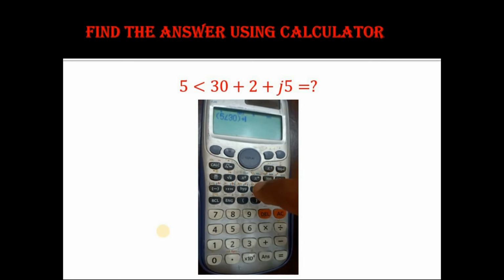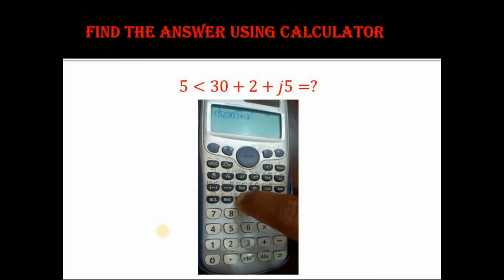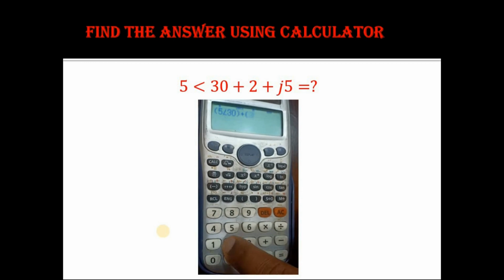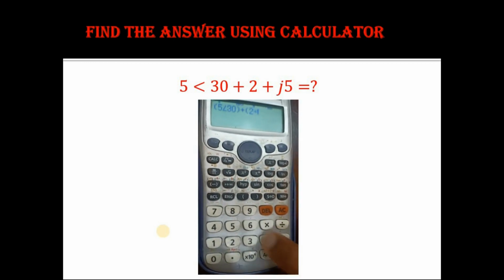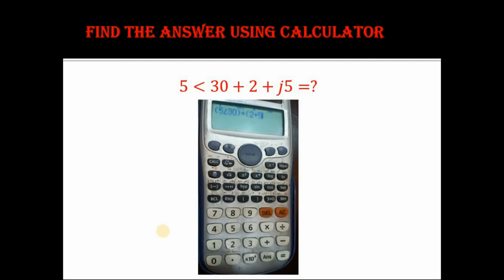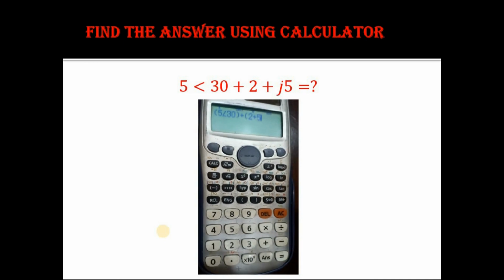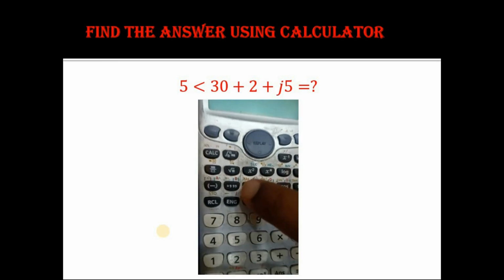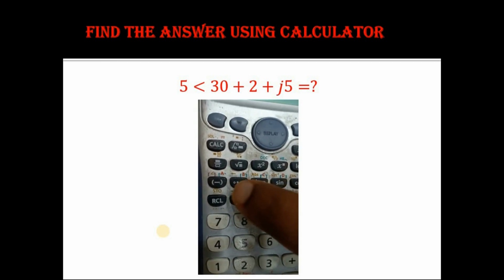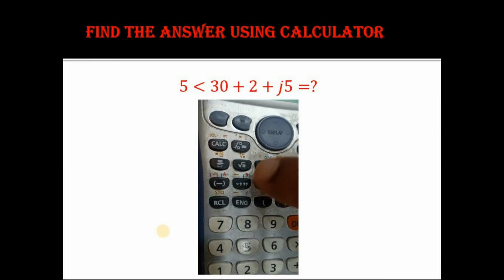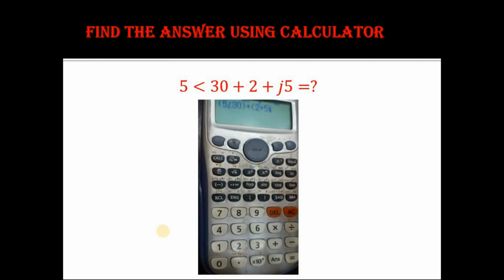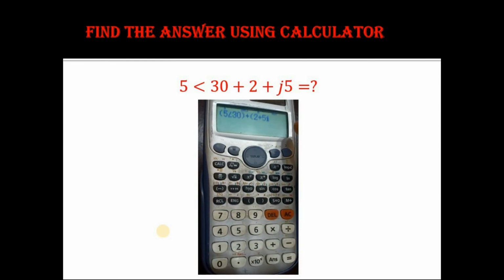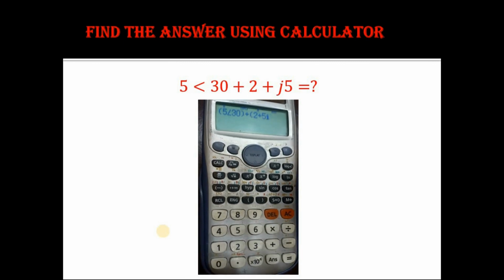plus again for entering the second quantity open the bracket, 2 plus 5, and instead of j we are going to use i. That i function is in this button ENG, near to RCL. So press that ENG. So in the screen it is displayed as 2 plus 5i.